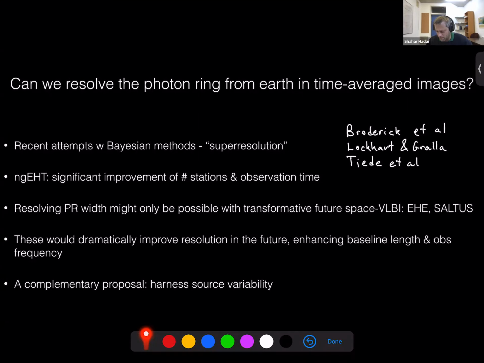There are many technical issues there, and it's really hard to do, but this is a great direction, in my opinion, especially for the photon ring, but not only for the photon ring. All right, so these will be transformative because both of these limits will be transcended, so we can hope for much better resolution, orders of magnitude better.